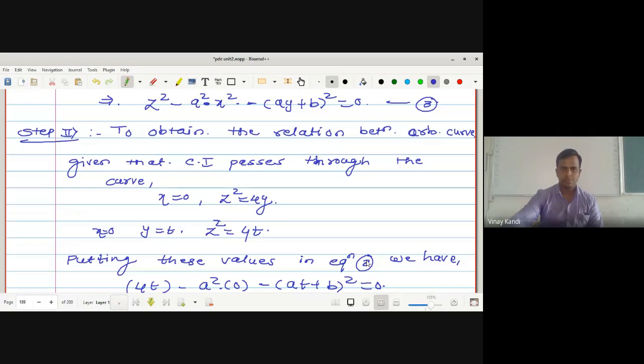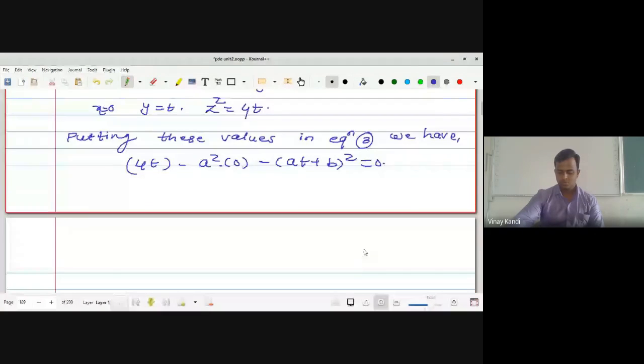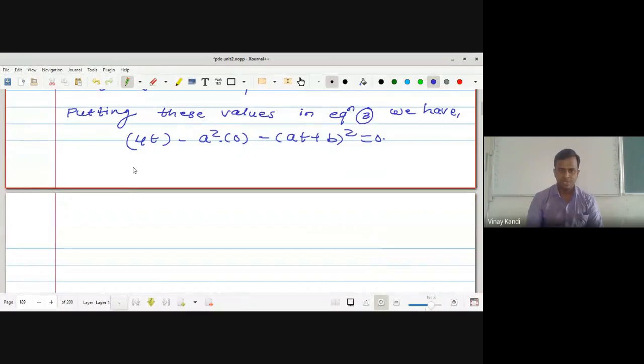Look at here. Z म्हणजे काय तुमचा 4t, z square म्हणजे 4t minus a square, x is 0, minus at plus b, means y is equal to t. Okay, so that implies 4t is equal to (at plus b) bracket square. Give it as equation number 4.